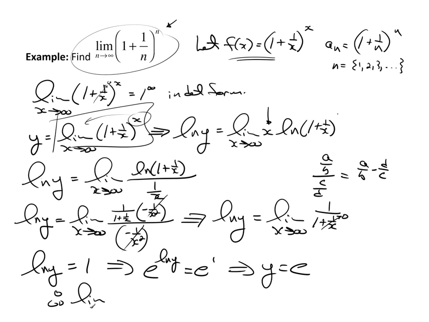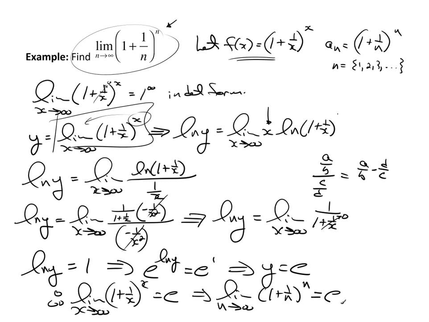Therefore, the limit as x goes to infinity of 1 plus 1 over x to the x equals e, which implies then that the limit as n goes to infinity of 1 plus 1 over n to the n is equal to e. So this limit simply equals the Euler number, e.